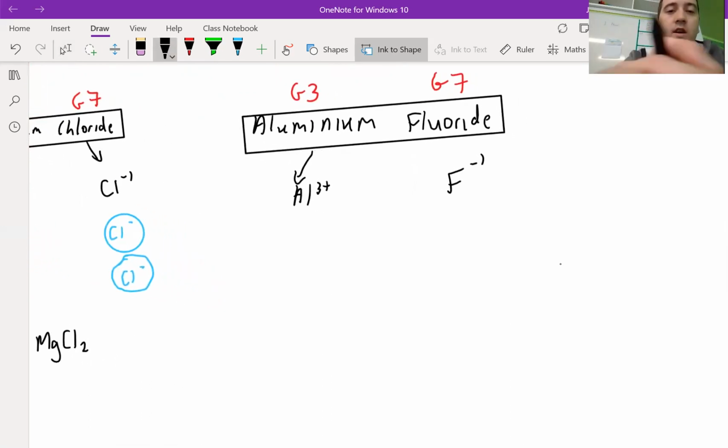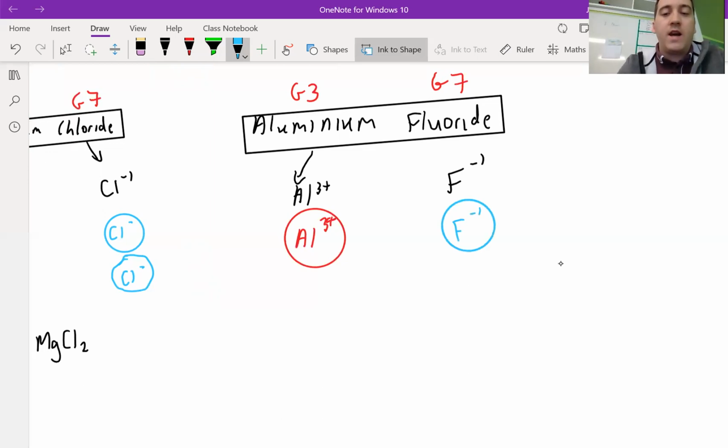All right, so again, if I was to draw the aluminium, it would be Al3+, and it would be F-1. Now, of course, if we add these up, +3 and a -1, we still have an extra 2 pluses. So how can we combine these two things together so that we'll have a neutral compound?